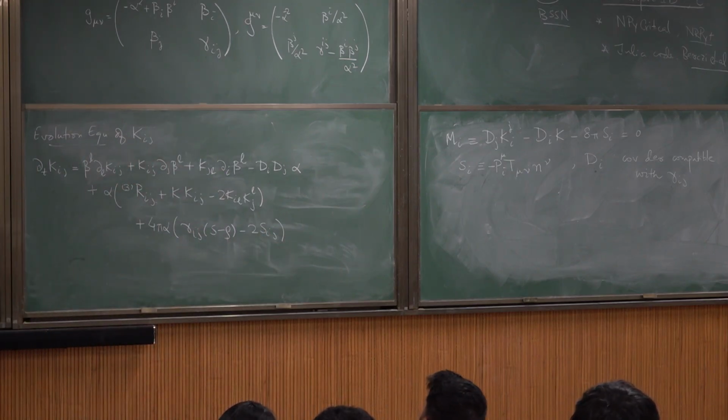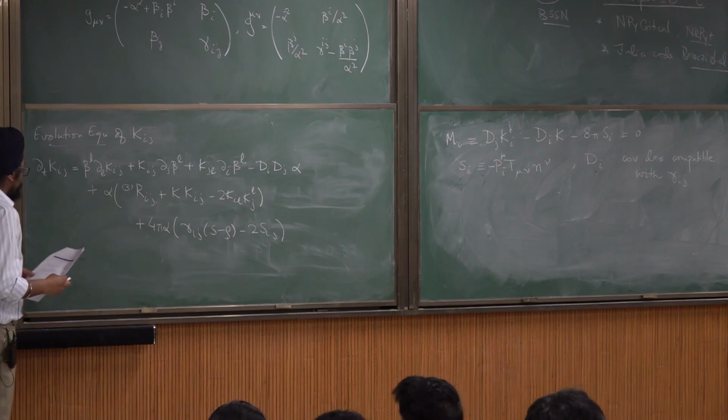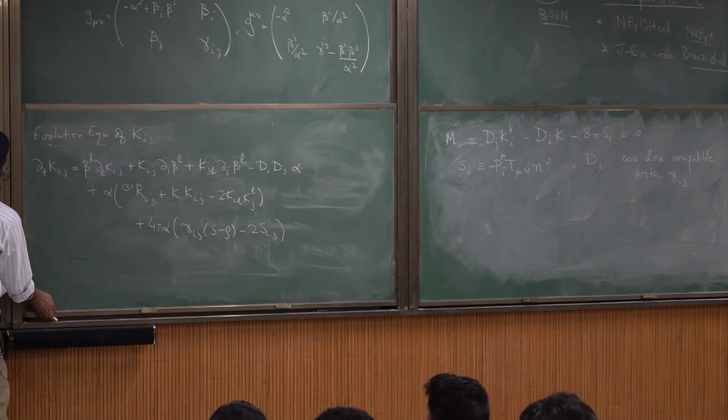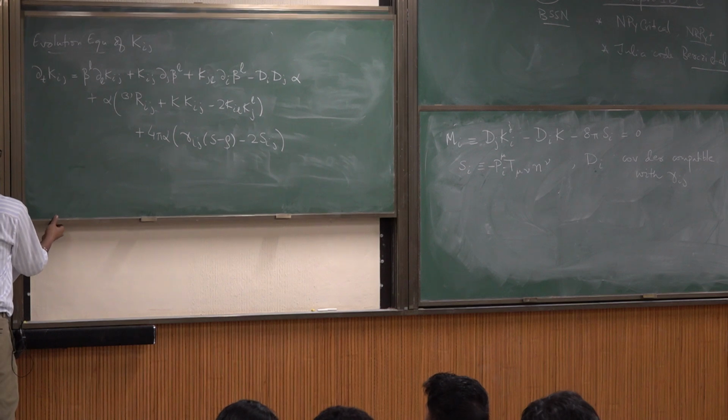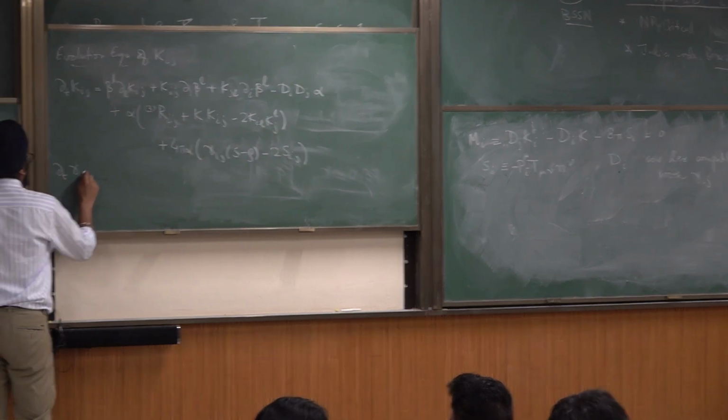It's quite complicated. This is what it is. This tells you the evolution equation for the extrinsic curvature. Once you know the extrinsic curvature, you also need the second evolution equation, which comes out for γ_ij.